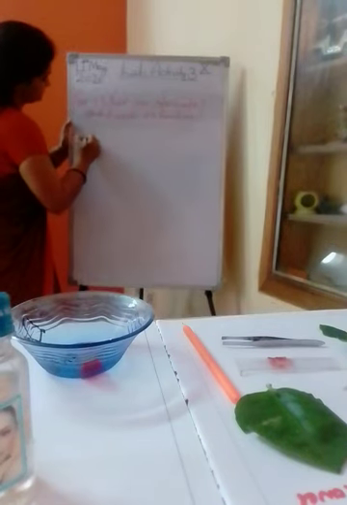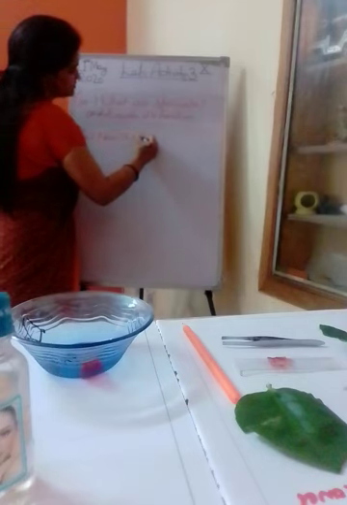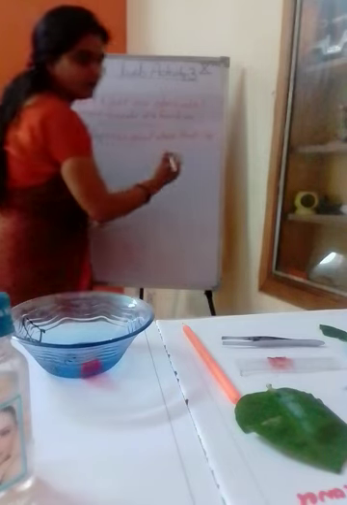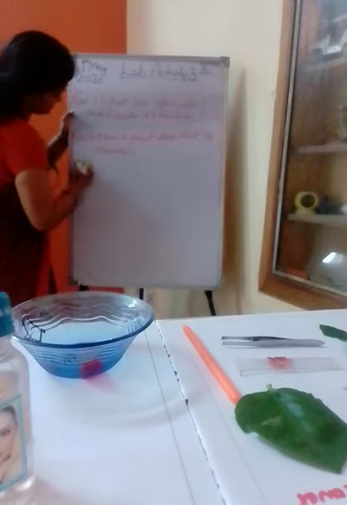Understand that? Now the next question: name a plant whose leaf has no stomata.